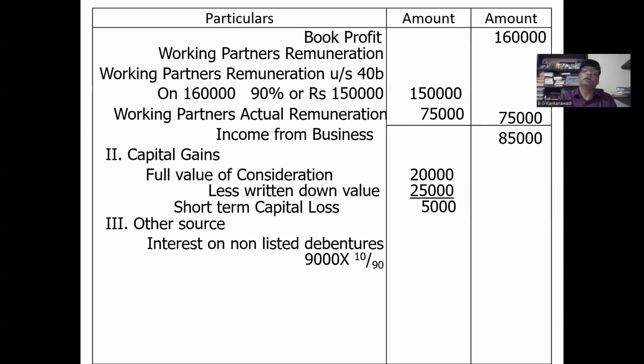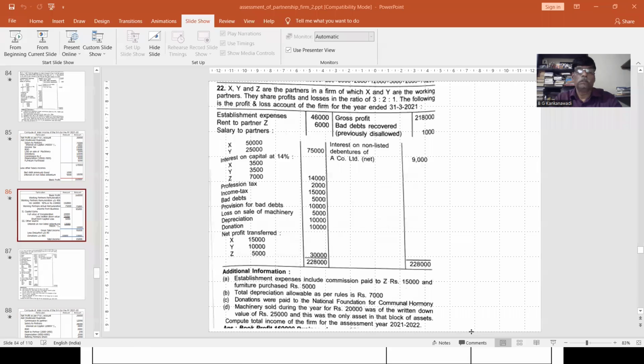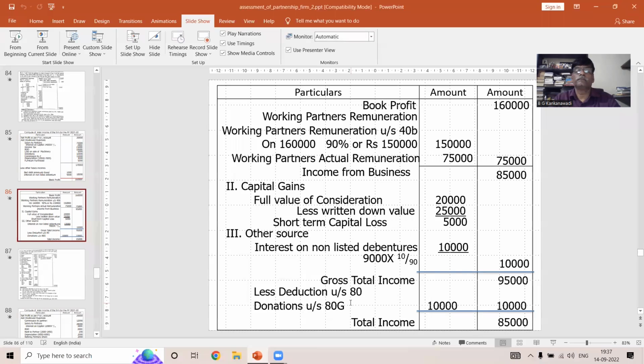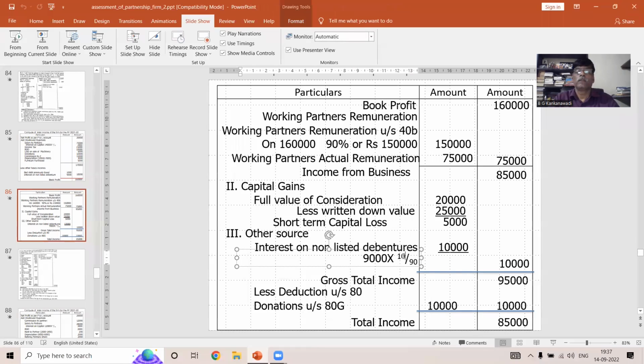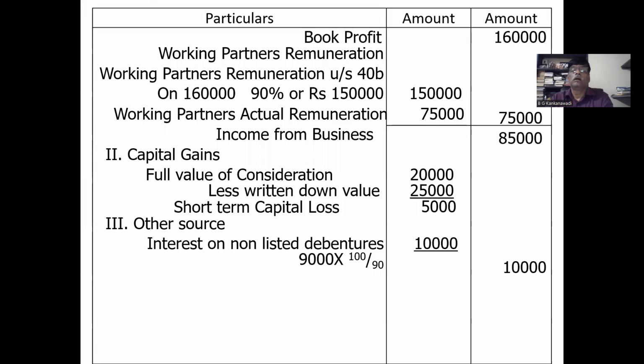I forgot to write 100 by 90 here. So you take 100 by 90. That income is 10,000. 9,000 into 100 by 90 gives gross of 10,000. Then income from other sources 10,000. Okay, capital loss goes to next year.